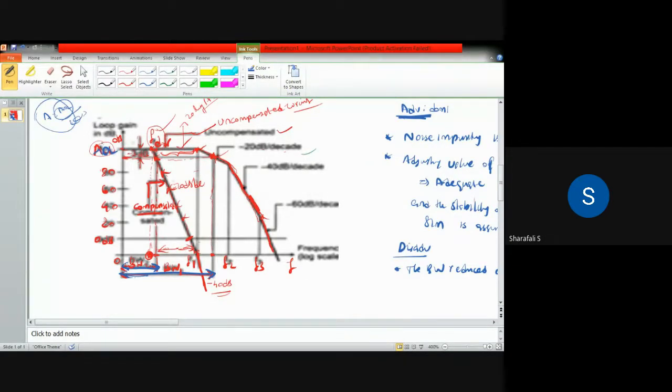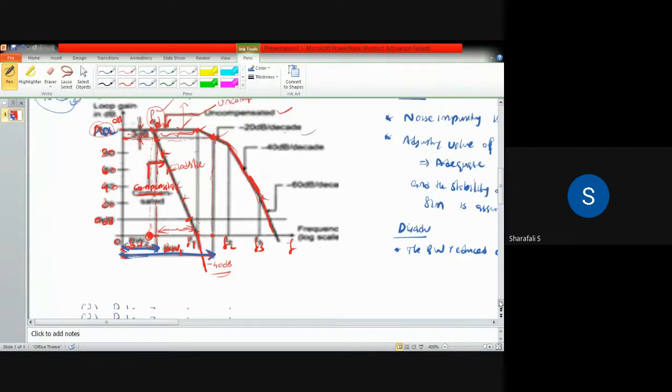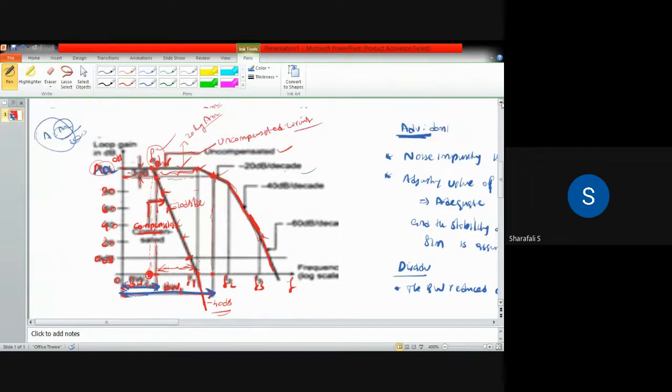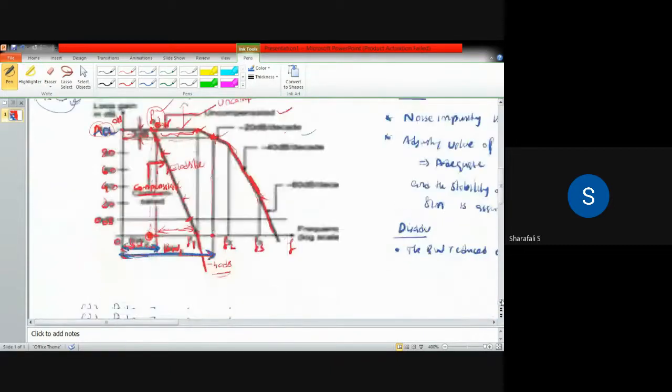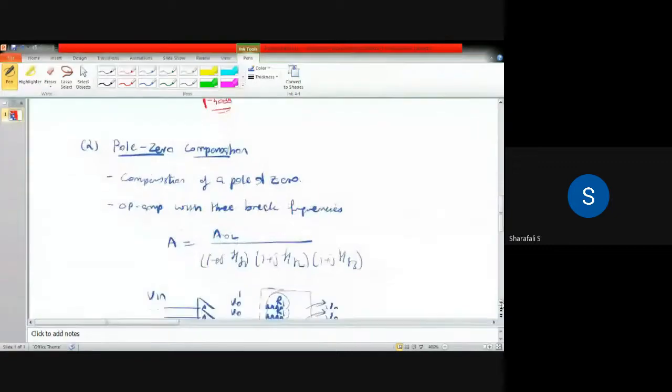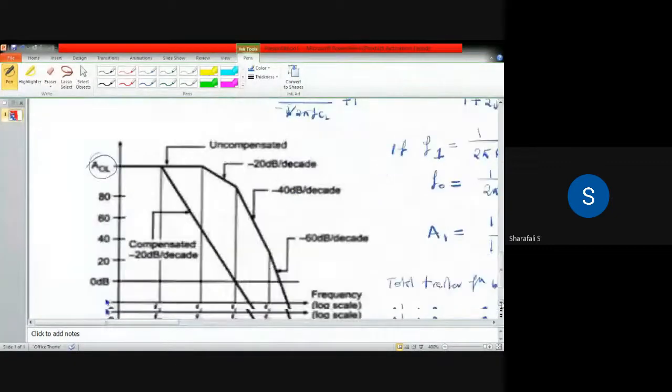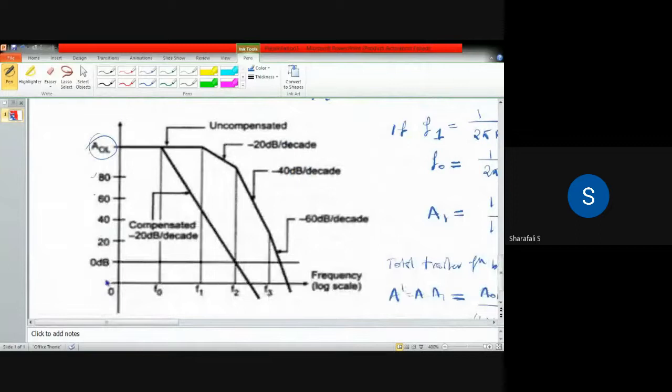In this figure we have 80 dB, 60 dB, 40 dB, 20 dB, and 0 dB, where gain equal to 1 in normal units converts to 0 dB. So this is the frequency response curve.